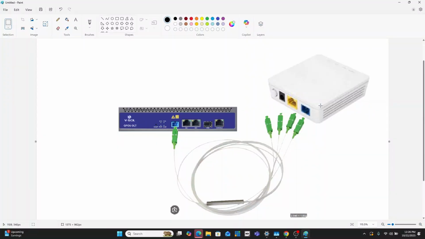Sir, you actually said port 1 might not be working. Yeah, like if a customer is plugged to this particular port, you're not plugged to this port, but someone else is plugged to this port.